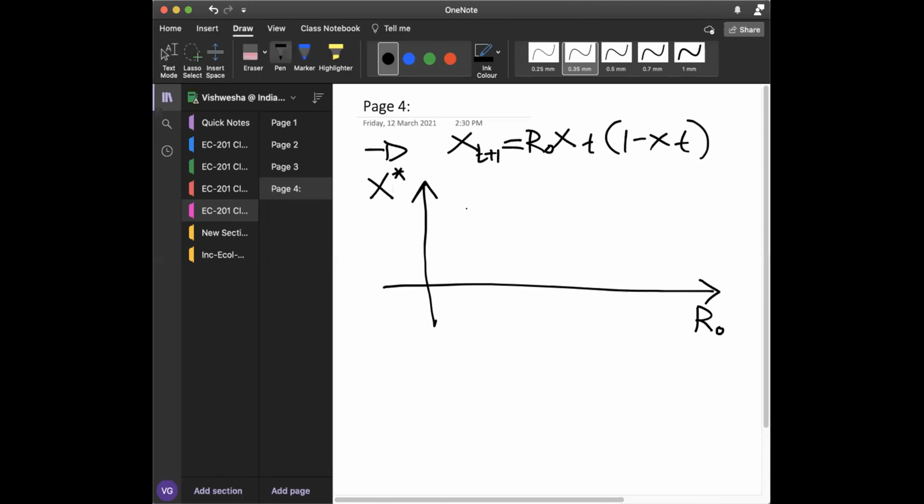Okay, so we found that for R0 less than 1, extinction is a stable equilibrium, whereas for R0 greater than 1, we had a finite population size that was stable.